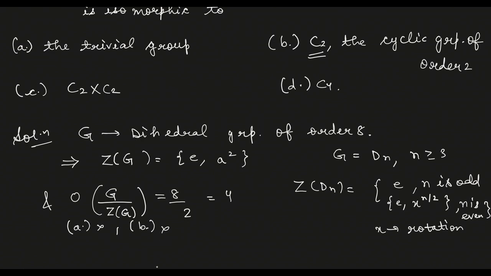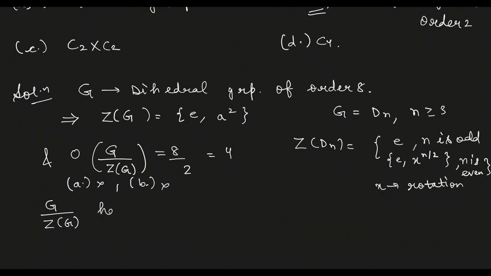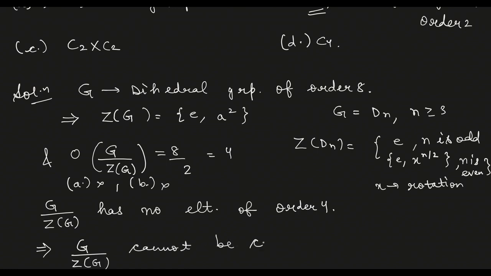Now G/ZG has no element of order 4. So this implies that G/ZG cannot be cyclic. So if it cannot be cyclic, then option D is also discarded.